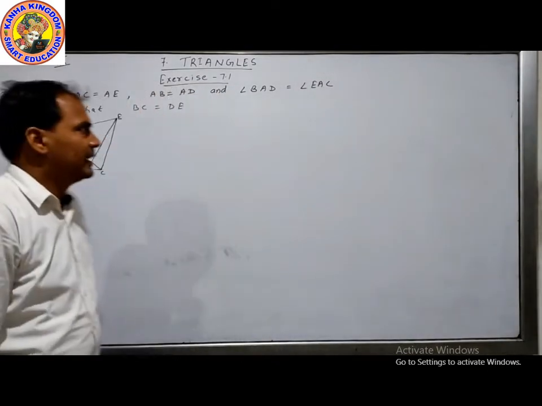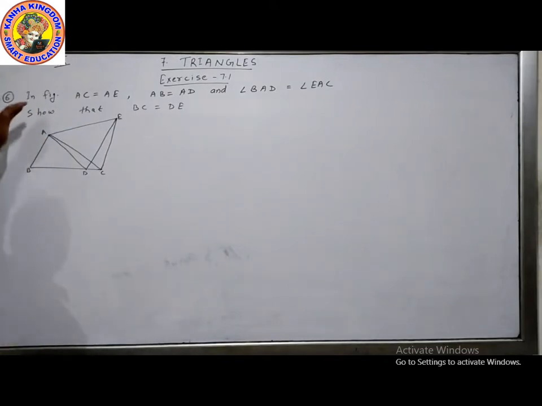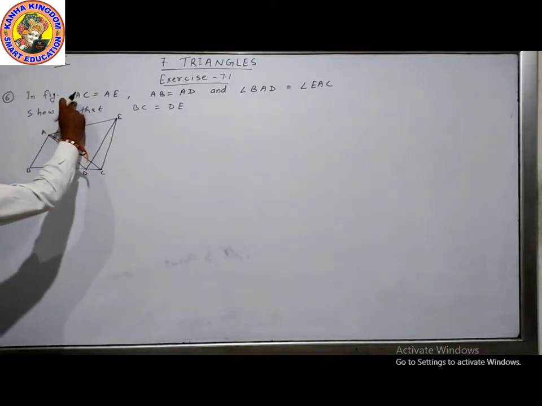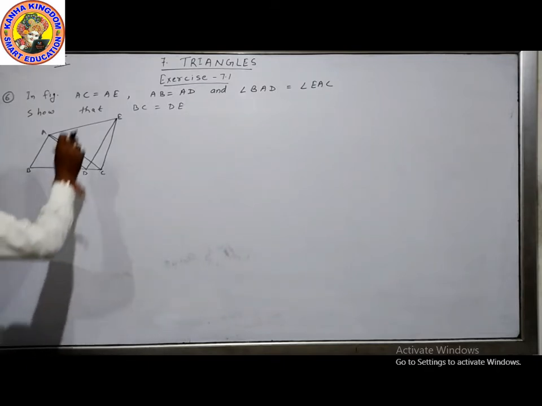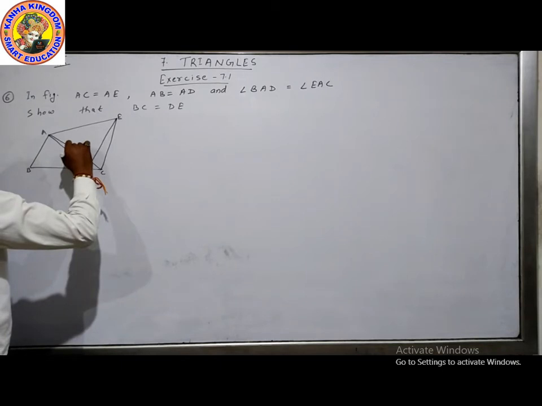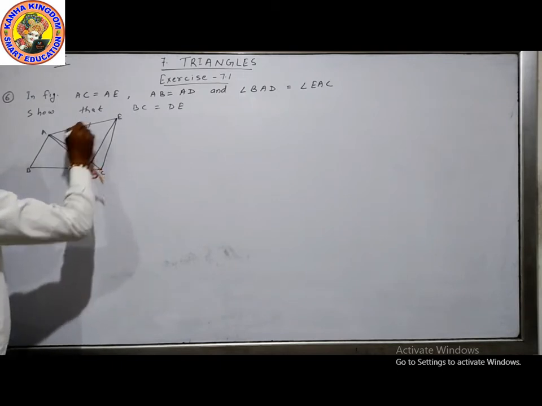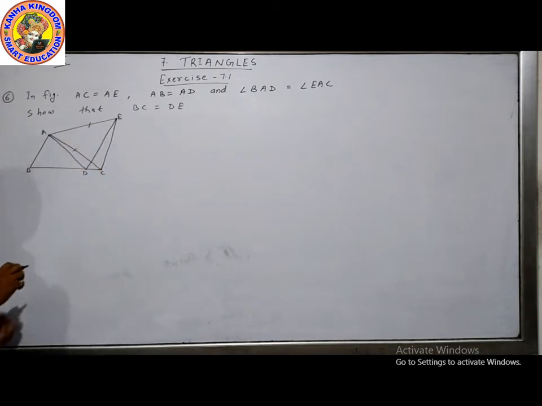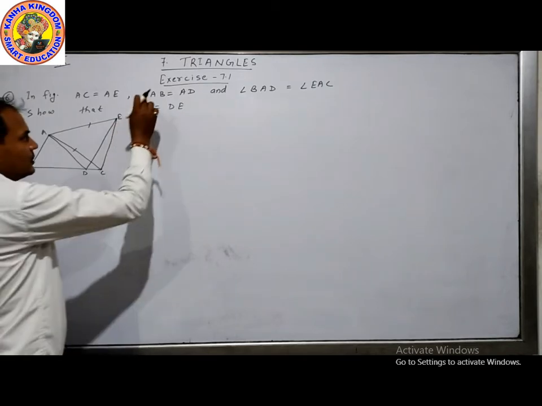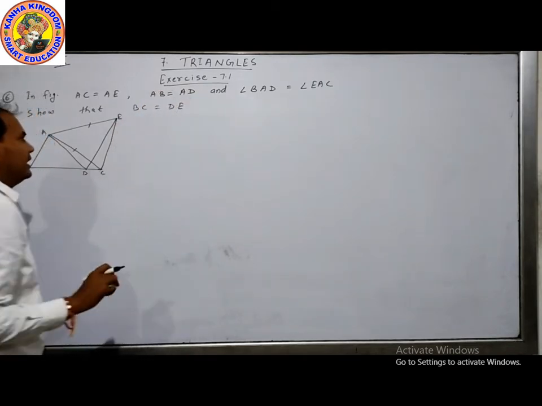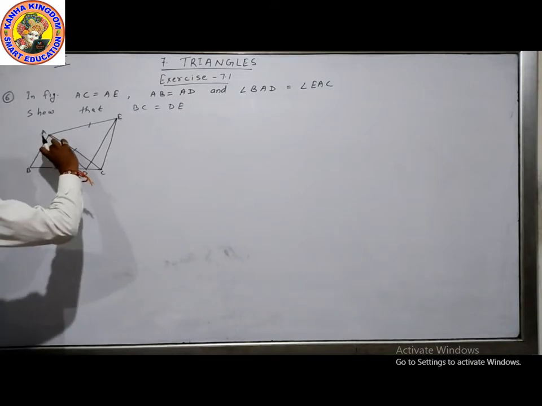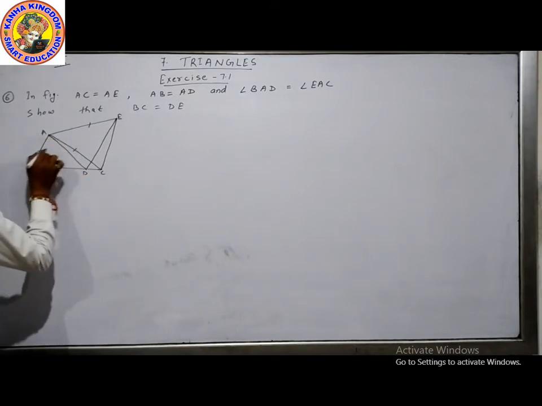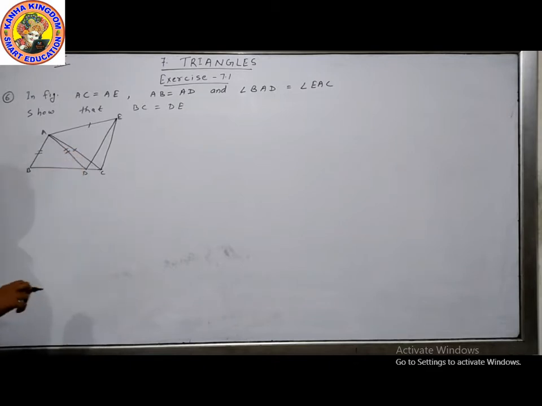Now students, our next question is question number 6. In this figure, AC is equal to AE. Given that AC and AE are equal, AB and AD are equal. This AB and this AD are equal.